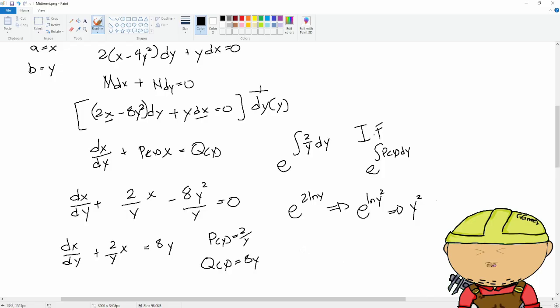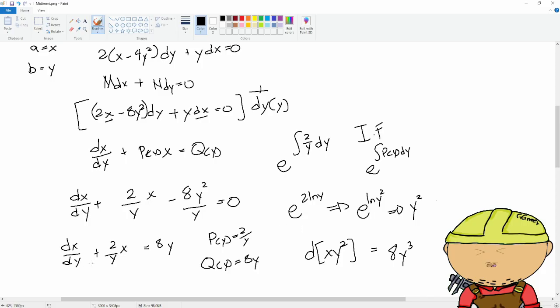Okay, multiply both sides by the integrating factor, y squared. Let's do it step by step.